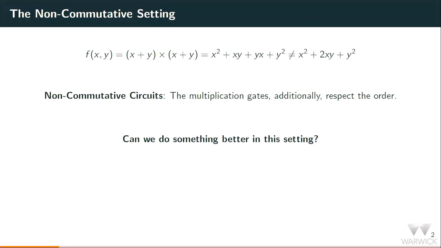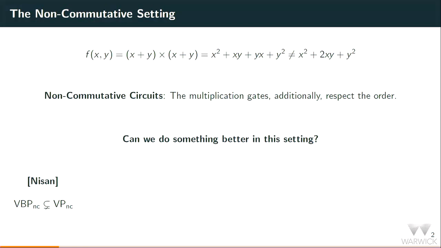It's reasonable to ask because there are very good results that we know in the non-commutative setting that we don't know in the commutative setting. For example, a major question is to separate VP and VBP. As Dipanshu was saying, they constructed a polynomial in set-multilinear VP, and also a polynomial in set-multilinear VBP, which is even better because we know that VBP is a subclass of VP, and it is an important question to know if the two classes are separate.